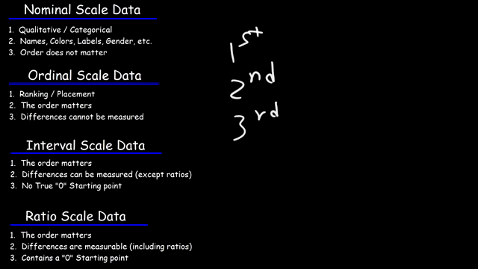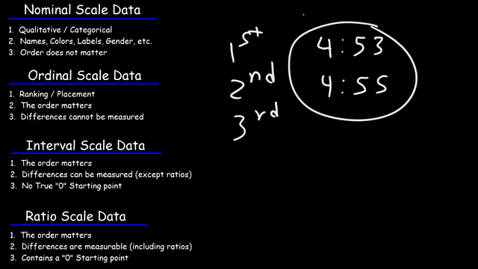To illustrate this, we could say that in a race, the person who got first place took 4 minutes and 53 seconds to arrive at his destination. And let's say the person who was in second place took 4 minutes and 55 seconds. So as you can see, the time for these two individuals is very close. Now the third place winner might have taken a longer time.